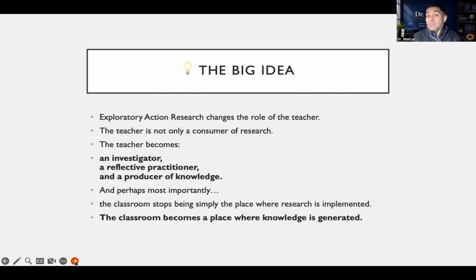The classroom becomes a place where new knowledge is generated. Probably one of the main limitations of exploratory action research is that you cannot generalize the results to all classroom settings and all school contexts, but it can improve your own practice.